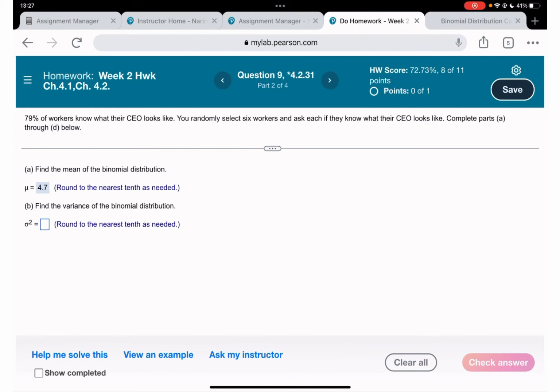And now 4.7, I have to multiply by Q, and Q is going to be the rest from 79%. So 100% minus 79 is going to be 21%, meaning times 0.21.